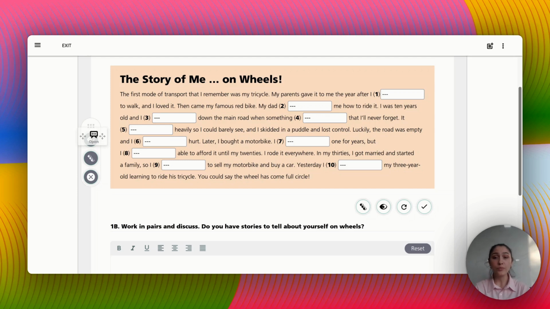And the last one is past perfect continuous. This tense describes a past action that started before another past action and continued up to that point. For example, we had been waiting to escape for what seemed ages, and so on.